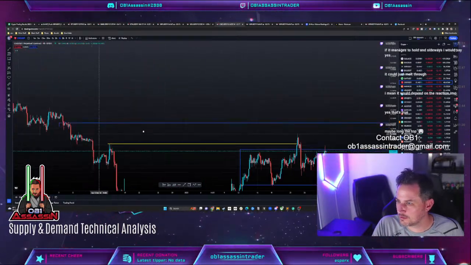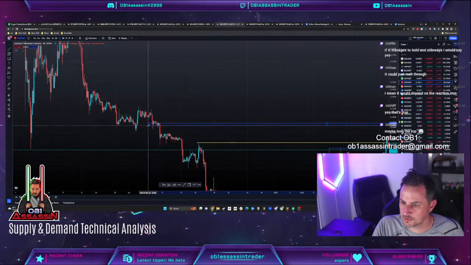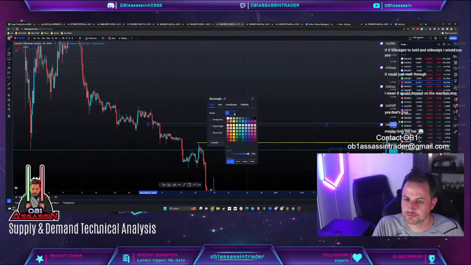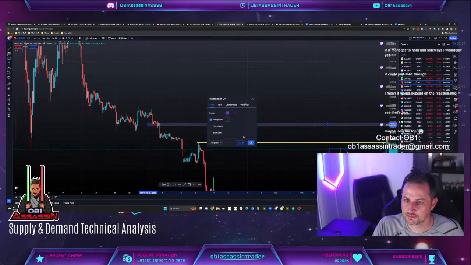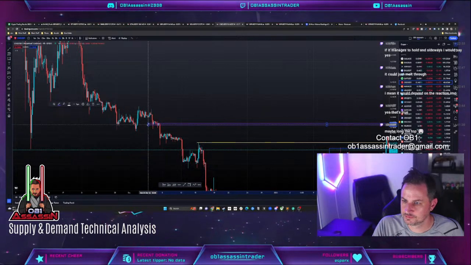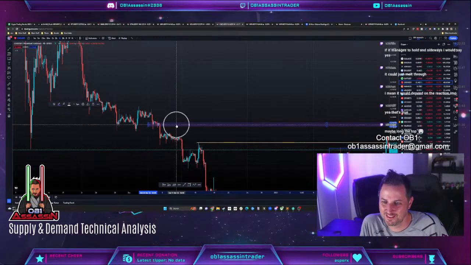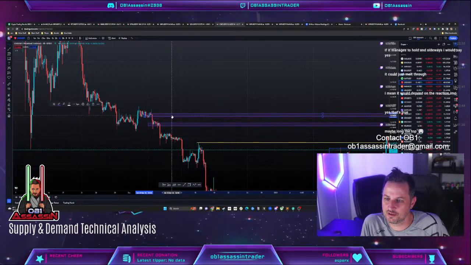So these are 4-hour order blocks. And we're going to make these purple. Why purple? They just stand out a bit against the black. That's the only reason. Alright.